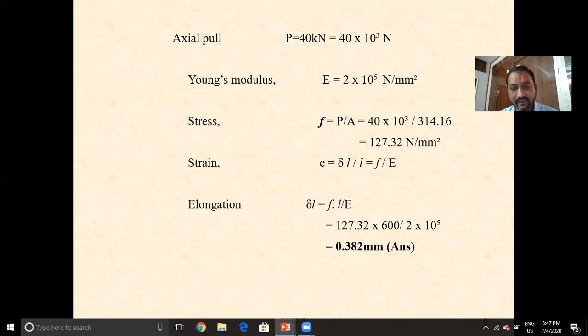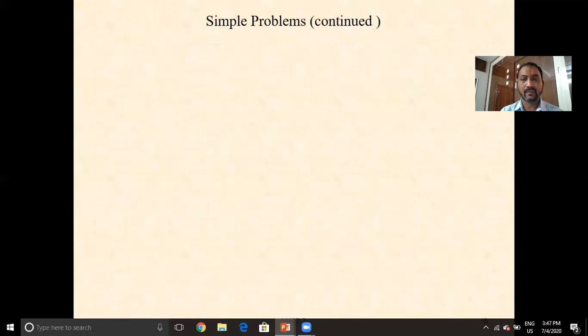So we are getting the elongation in millimeters. So the elongation of the rod in the given problem is 0.382 millimeters. So this is a simple problem.